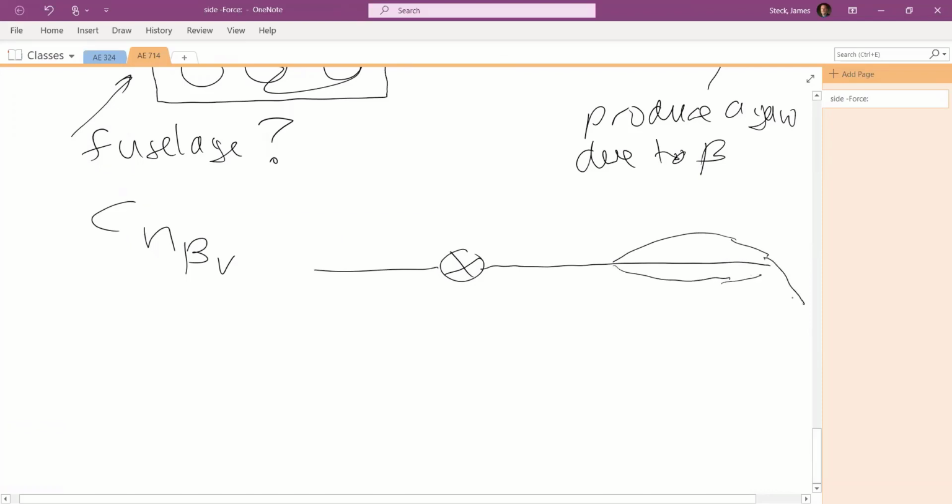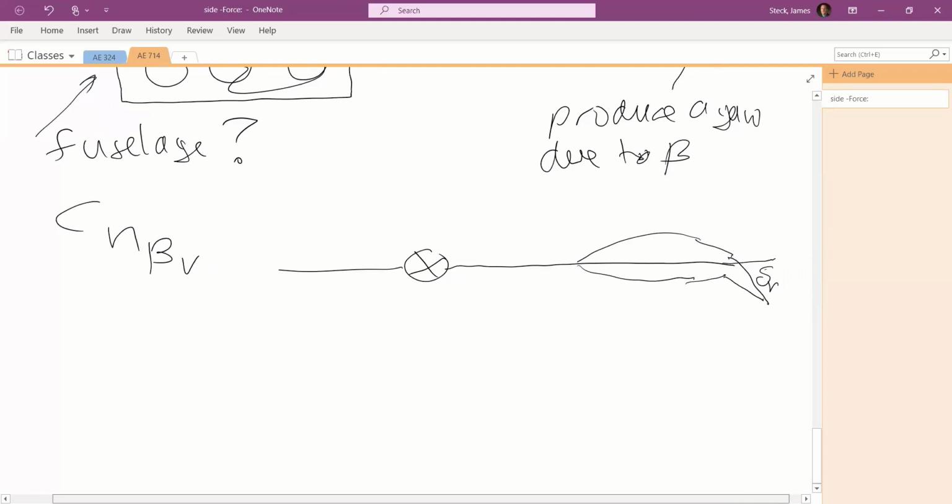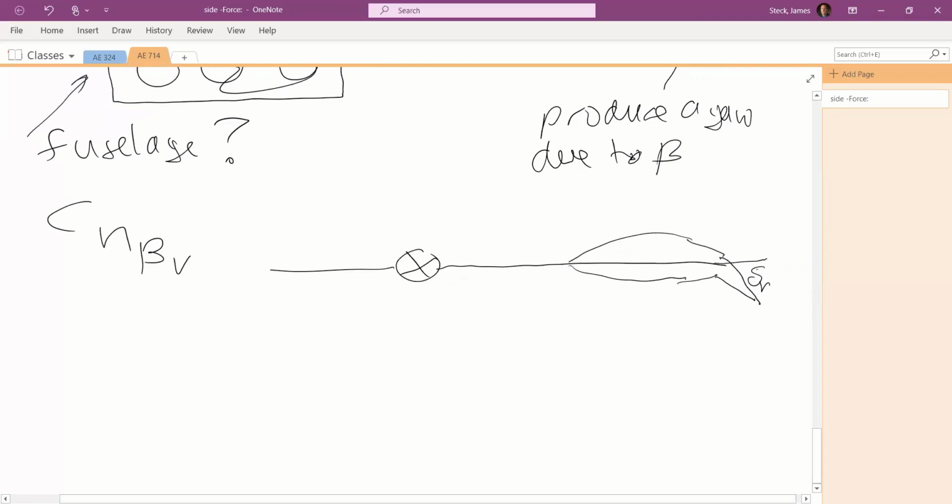Let's put a rudder on it because we'll eventually need it. All right. So that's positive rudder, and there's the vertical tail, and here's our positive side slip.